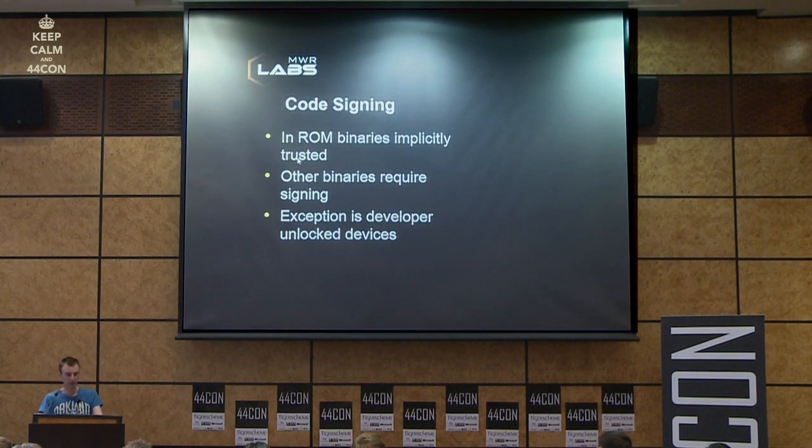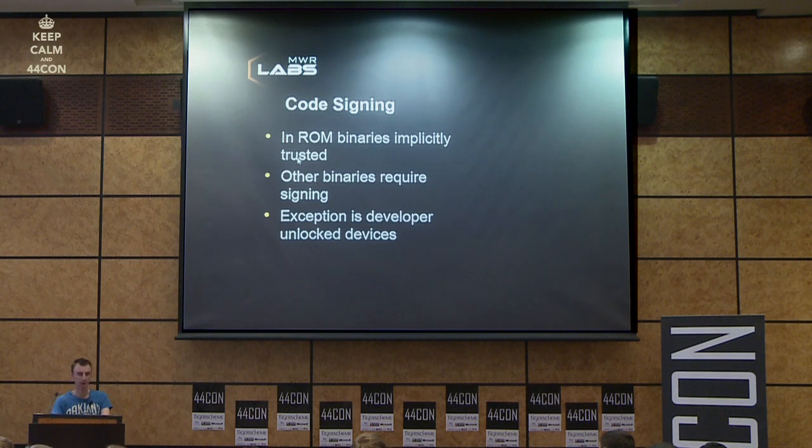The next part of Windows Phone security is the code signing mechanism. Everything which is built into the ROM when the operating system is built is implicitly trusted by the device. It doesn't need to be code signed with a digital certificate, but everything else which is added to the phone afterwards requires you to code sign with a trusted code signing certificate.